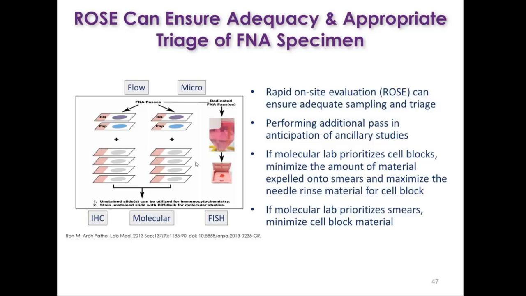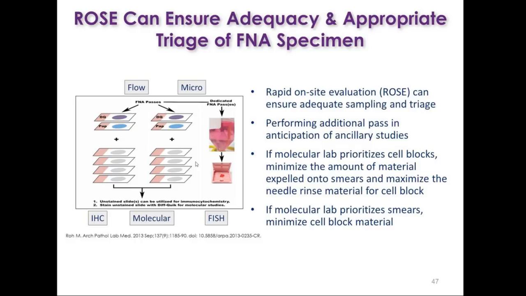If I see a lot of lymphocytes and I'm worried about lymphoma, I will send that specimen for flow. However, if I see malignant cells, I will direct the radiologist, because I know I need to collect adequate tissue, because we're going to need molecular testing. We're going to need a good block so I can do my IHC. So you collect according to how you want to process that specimen downstream.